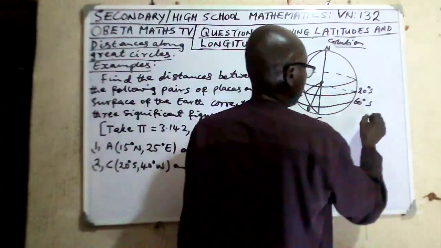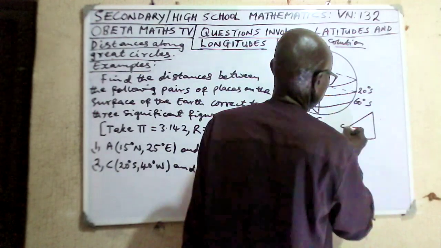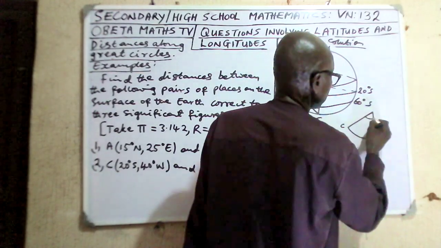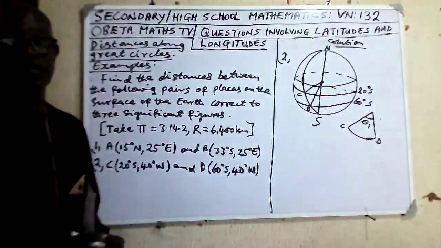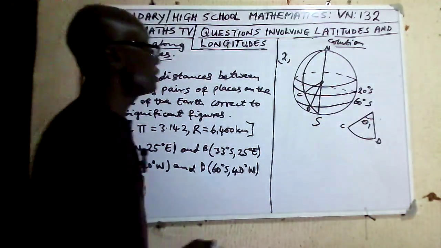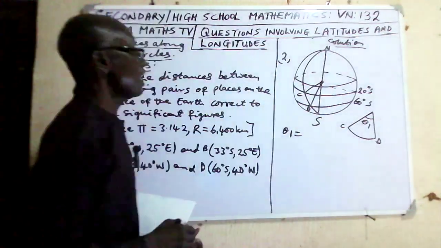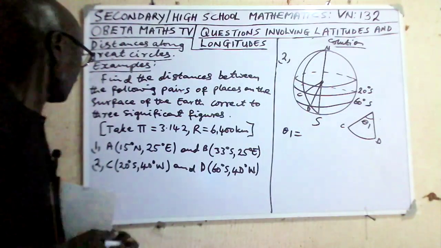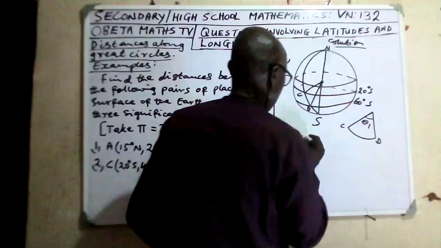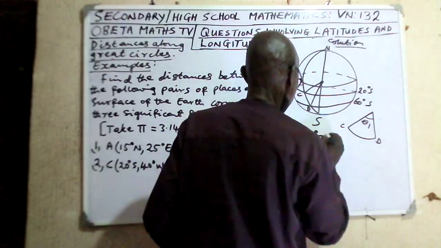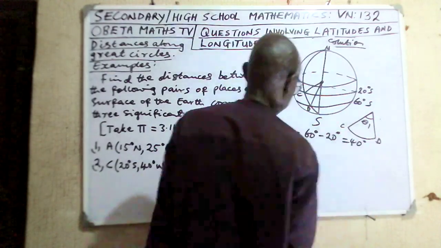So bringing it out, you can have something like this. C. So let's call this theta 1. So for us to find theta 1, we said that if we have south, we have to subtract. That means that will be 60 minus 20, and that is 40 degrees.